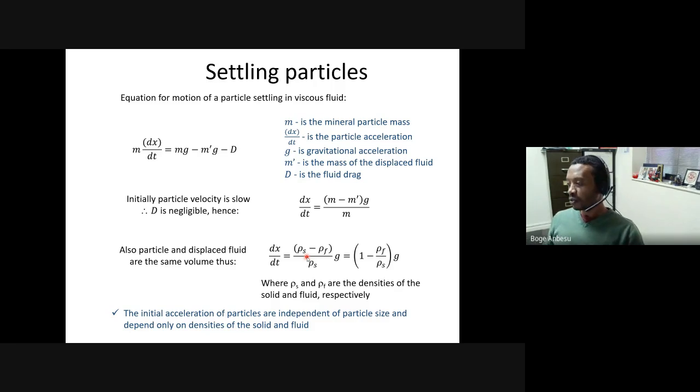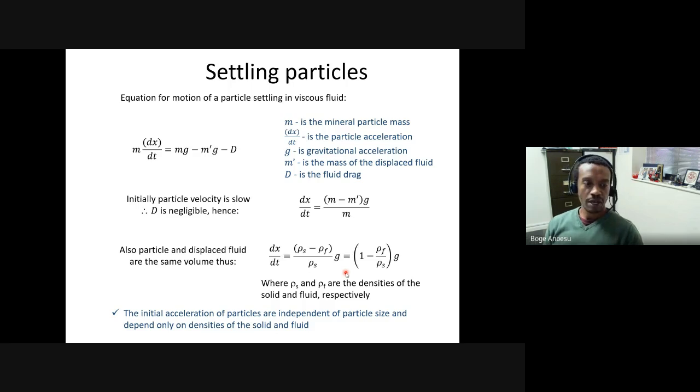Okay, so what this equation is saying is, initially when particles travel very slowly in a separator, what is more important is not their size. What is important is their initial acceleration based on the density.